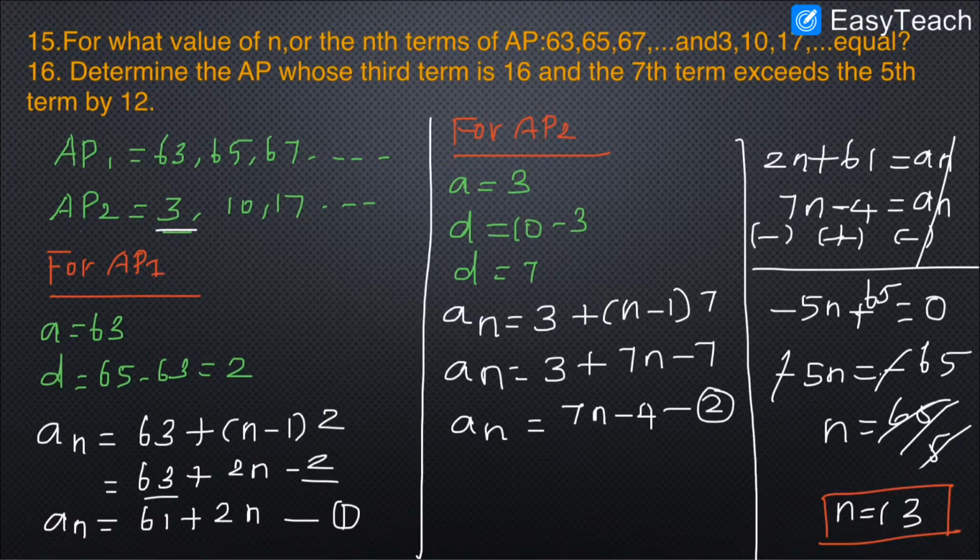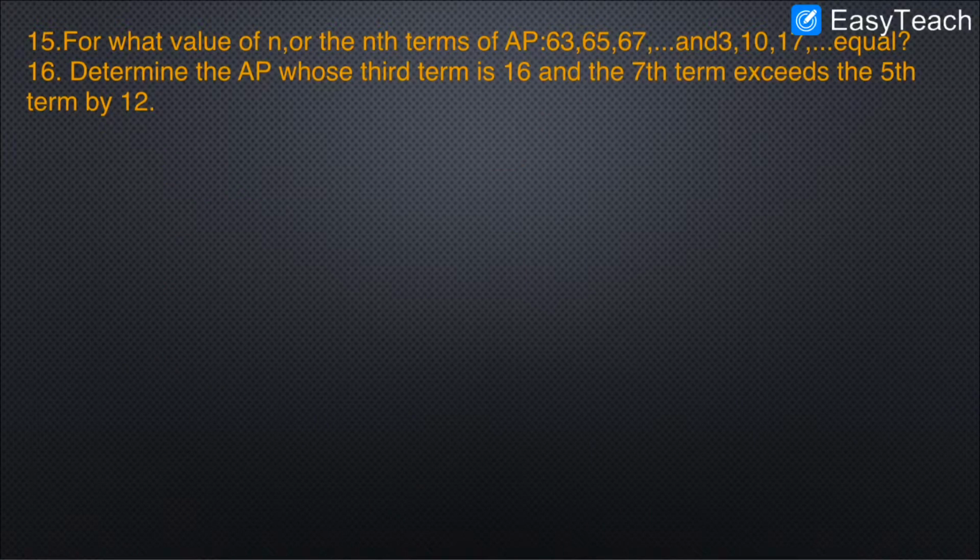Okay, let's try to do the 16th one. Determine the AP whose third term is 16 and the 7th term exceeds the 5th term by 12. So let's write the given data. First, what is given? The third term, A3, equals 16. So this is the only value given.